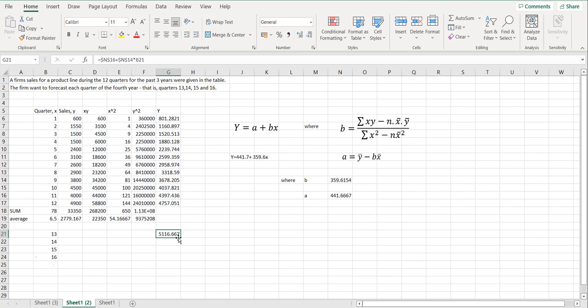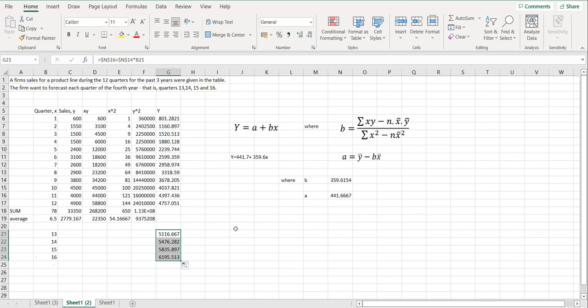You will have the forecast value for y in quarter 13 as 5116, quarter 14 as 5476, quarter 15 as 5835, and quarter 16 as 6195.